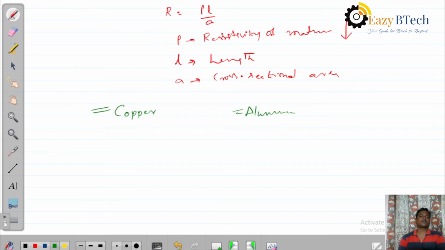In comparison, the copper conductors have good conducting properties, and aluminum also has good conducting properties, but compared to copper it has less conductivity.